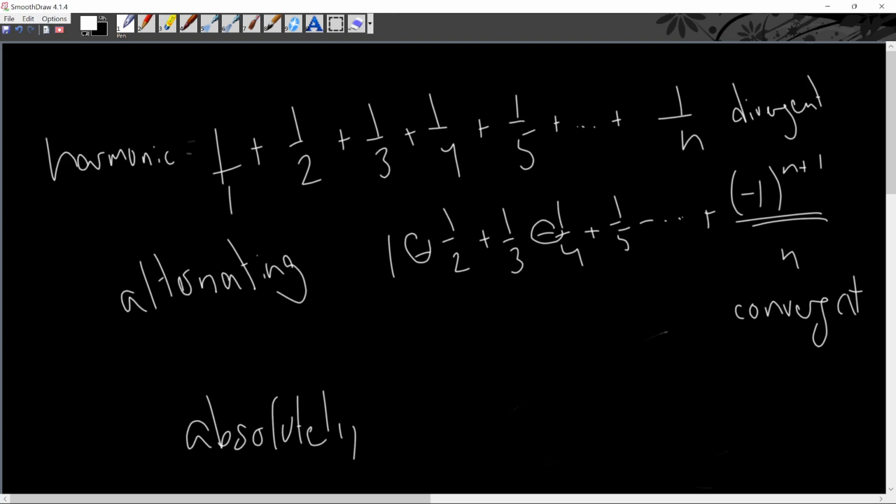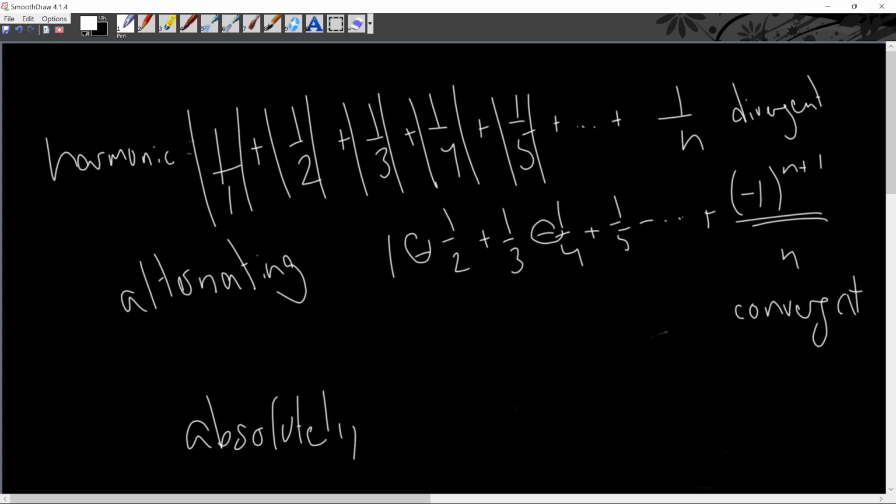Absolutely convergent series only apply to series in which, if you took the absolute value of every single term, like for example, if the harmonic series was magically convergent, and you took the absolute value of every single term and added them up together, and you still got a single real value, that would be absolutely convergent.